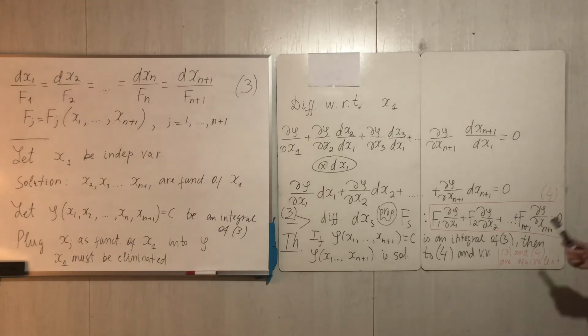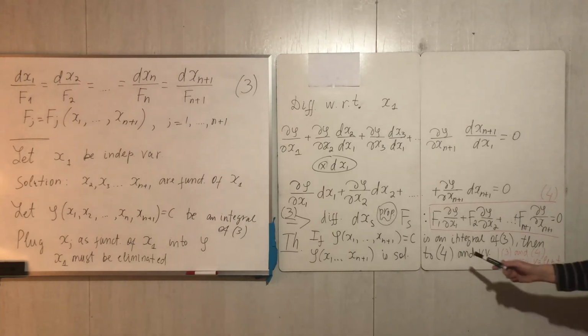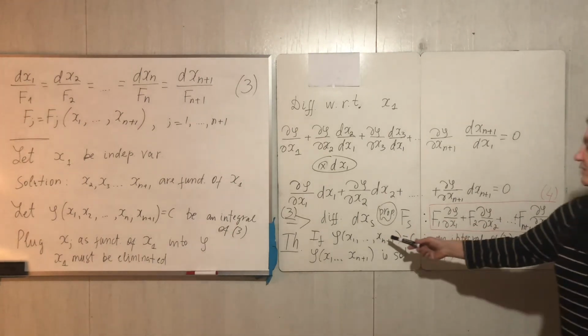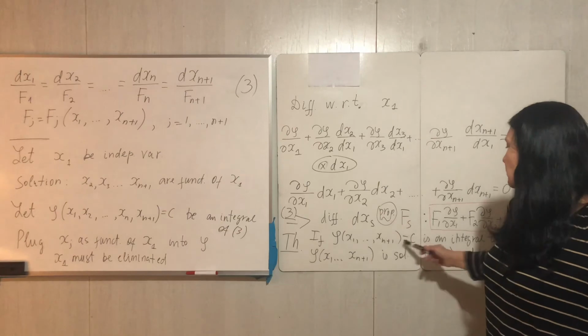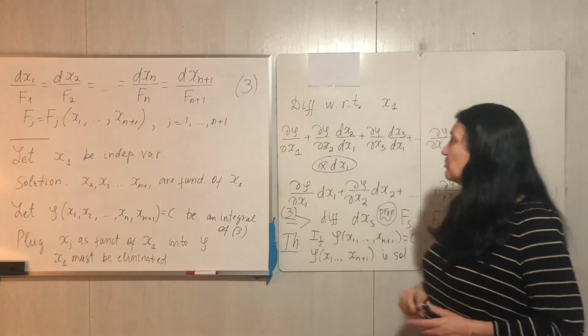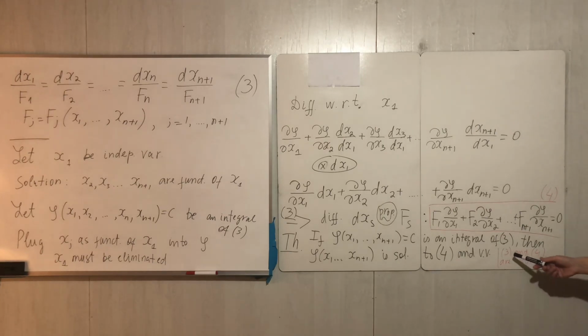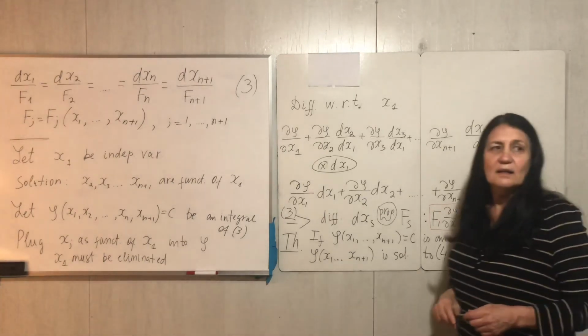And it's possible to show that it's vice versa, so a function that is a solution to this PDE will give us, when set to a constant, an integral of system 3. So we have shown that our PDE 4 and our system of ODEs 3 are equivalent.